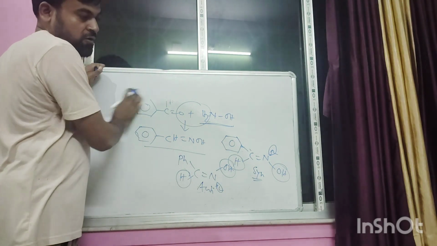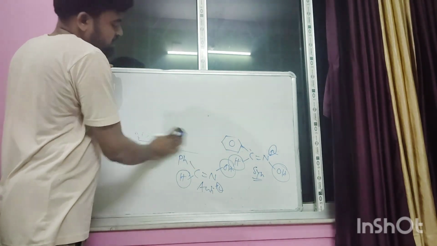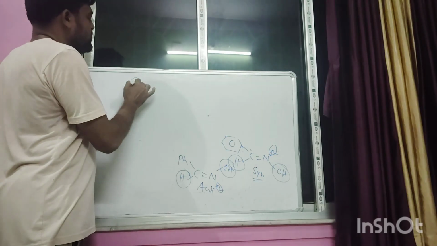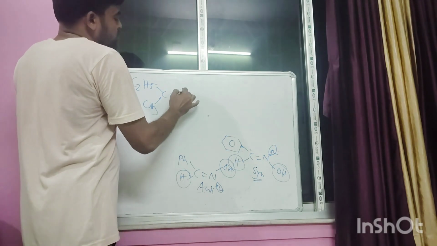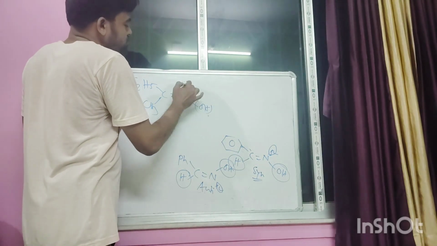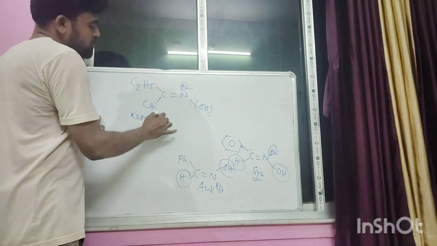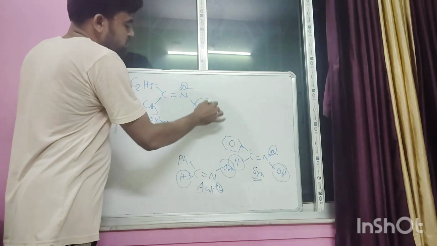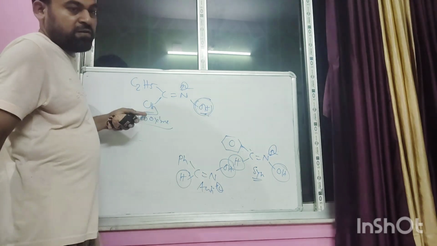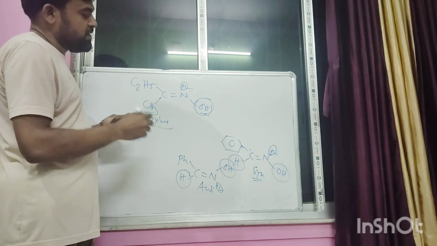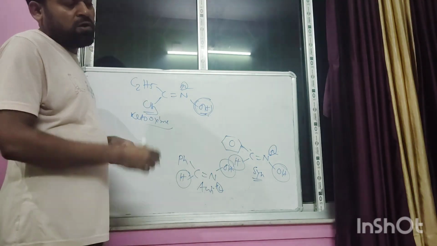And in the case of a ketoxime, let us consider any type of ketoxime, that is C2H5 single bond C CH3 double bond N OH. In the case of any ketoxime, you have to consider with respect to OH. With respect to OH, the CH3 group is in the syn position. Here CH3 is syn to OH and C2H5, that is the ethyl group, is anti to OH.